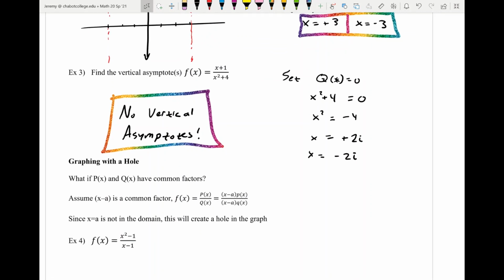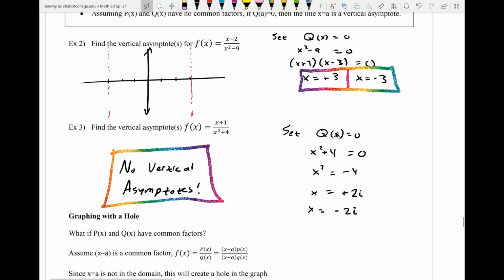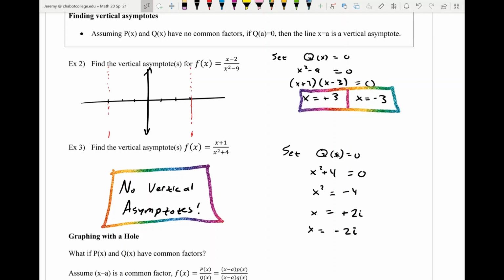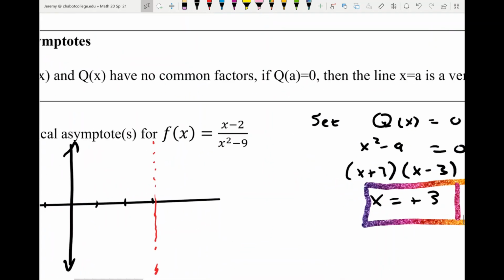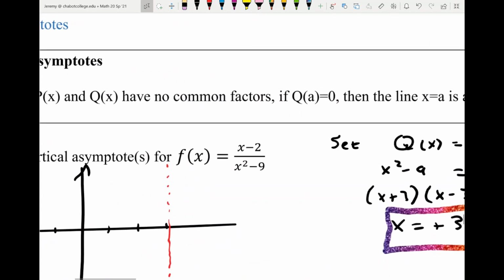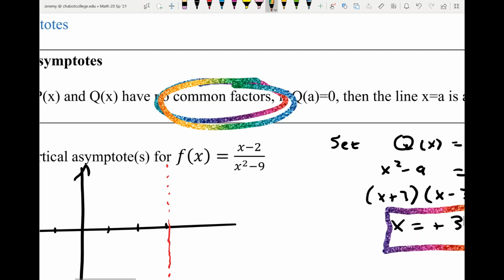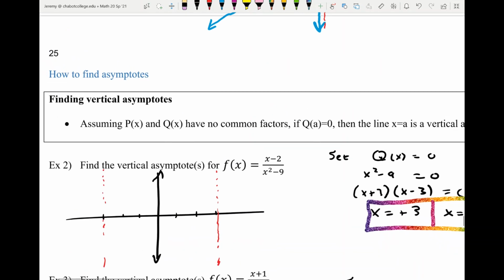Okay, so zeros of the denominator tend to correspond to vertical asymptotes unless there is an exception to this, unless that zero of the denominator is also a zero of the numerator. So this is kind of like, if there are common factors between our numerator and denominator.